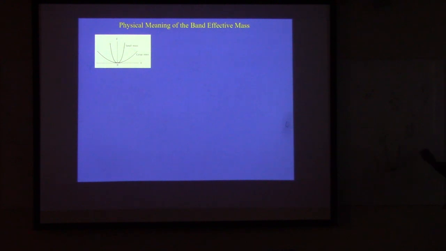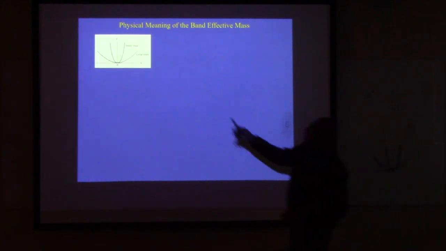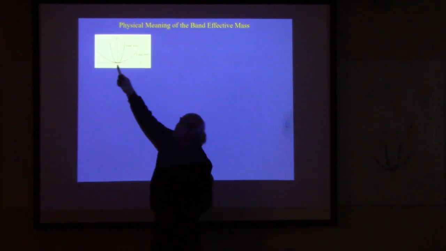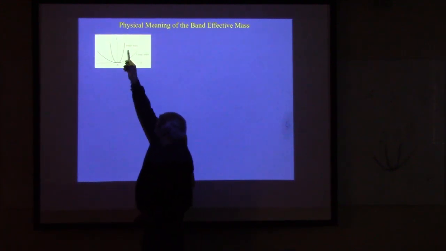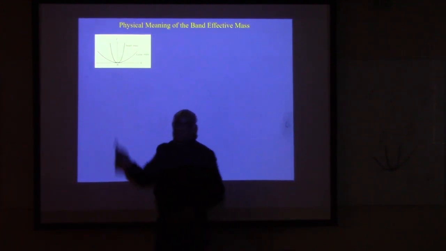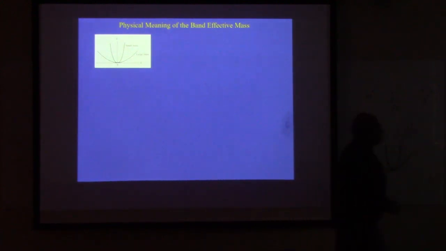So this one has smaller curvature, which is in the denominator, and that means your effective mass is higher. If you have a larger curvature like this, that means effective mass is smaller. Please remember that one. This one has larger mass because your curvature is small. Here the curvature is large, which means your mass is small.